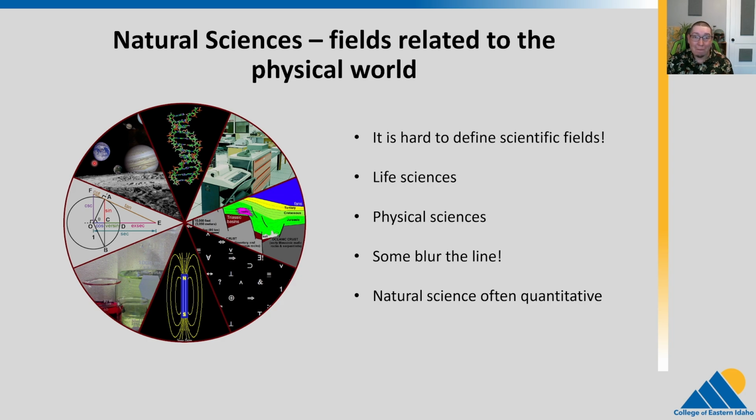We'll talk about photosynthesis. The oxygen in our atmosphere wasn't there when Earth was first formed. Photosynthetic organisms have produced that and enriched our atmosphere in oxygen. So oftentimes the physical sciences are involved with the life sciences as well. Oftentimes, natural sciences are highly quantitative. We like to count and measure things and look at that.